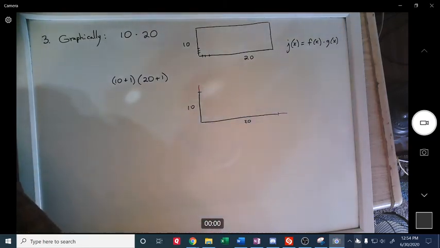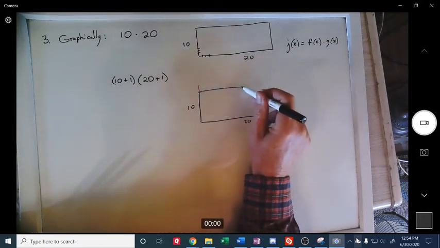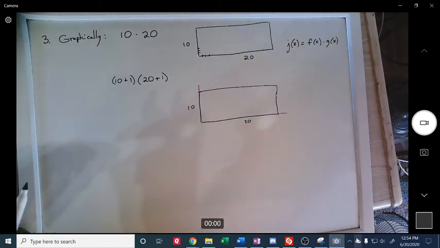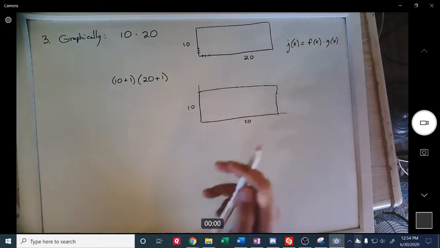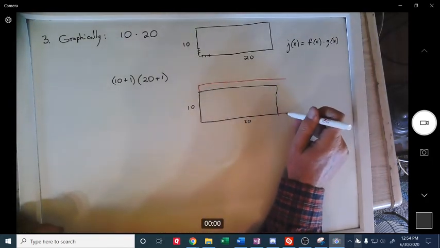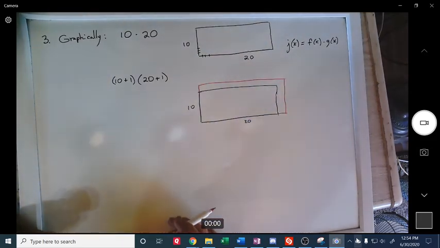So the original is like this, but then we have this extra part that's added over here.